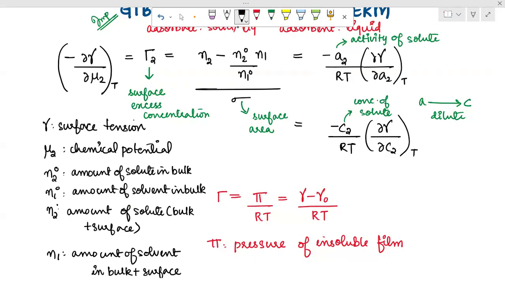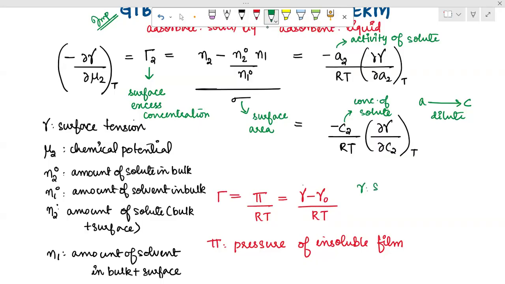Okay. Now, also with respect to the films, we learned that there is something called pressure. Pressure is pressure by RT, where R is the universal gas constant, T is the temperature, this is the surface excess, is simply changes in the surface tension by RT. Correct? What is gamma?